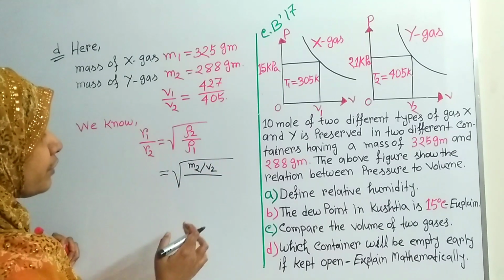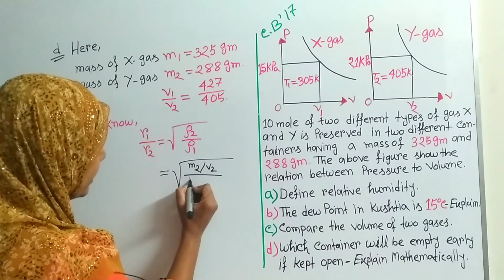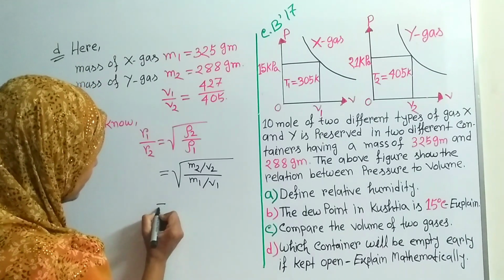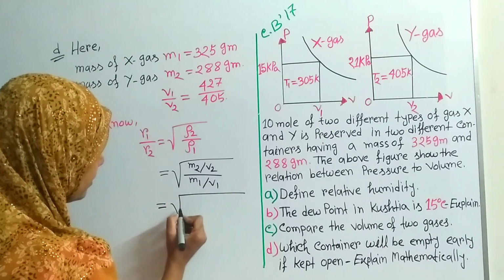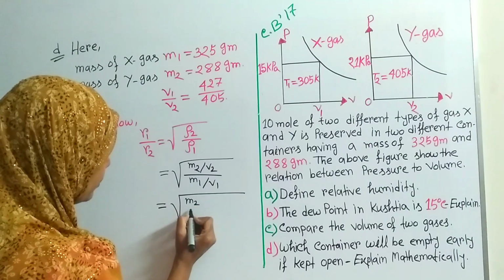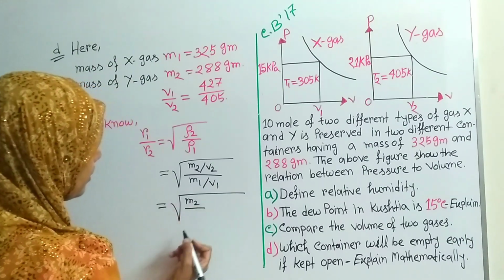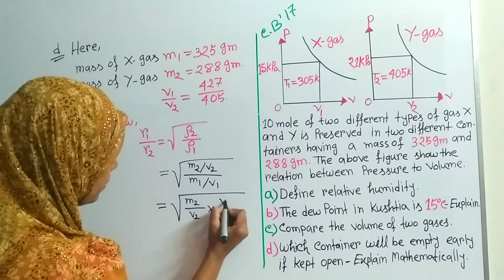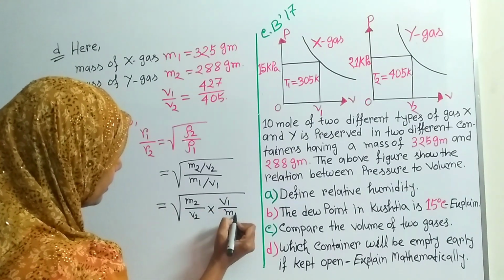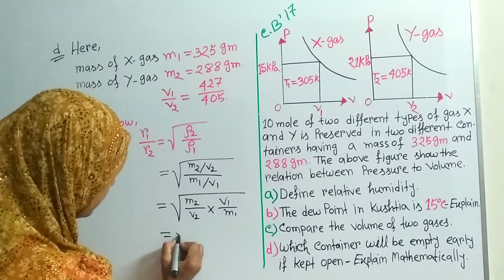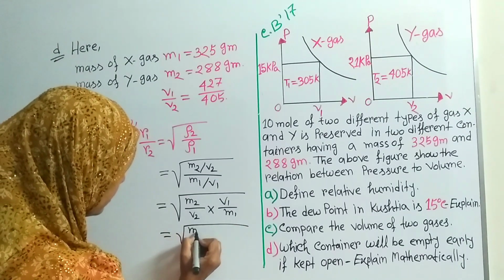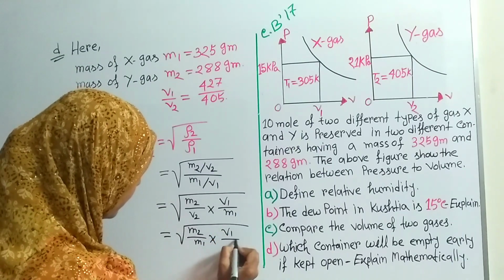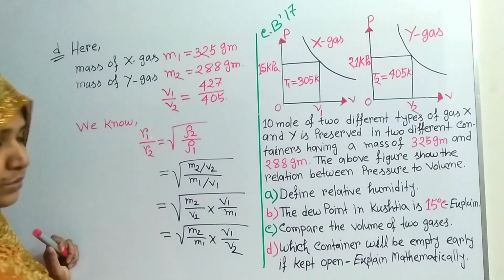So instead of rho 2 we can write M2 by V2, and rho 1 means M1 by V1. That is M2 by V2 into V1 by M1. So we can write that M2 by M1 into V1 by V2.